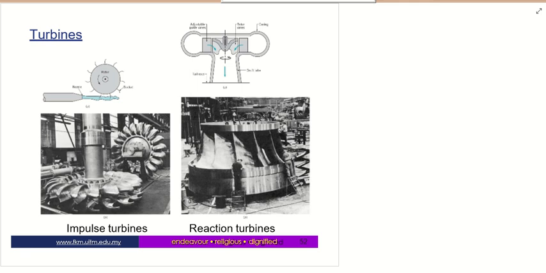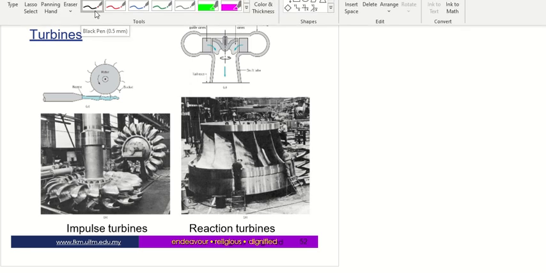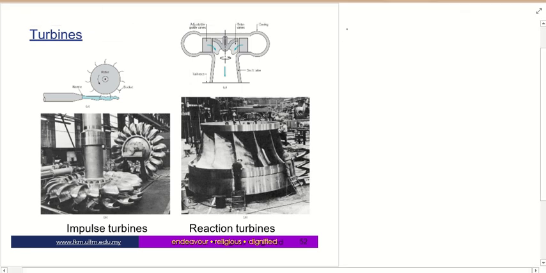the main difference for the turbine in terms of efficiency is as follows. For the turbine, efficiency is the power produced from the shaft, which is W dot shaft, divided by the power from the flowing fluid.